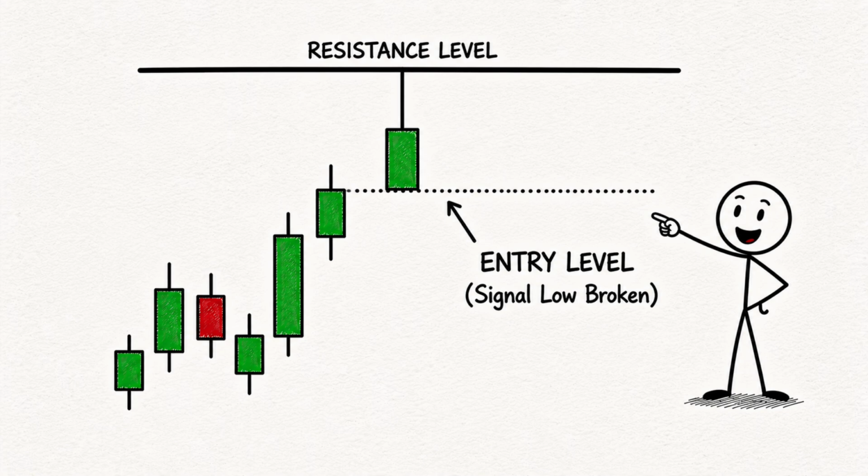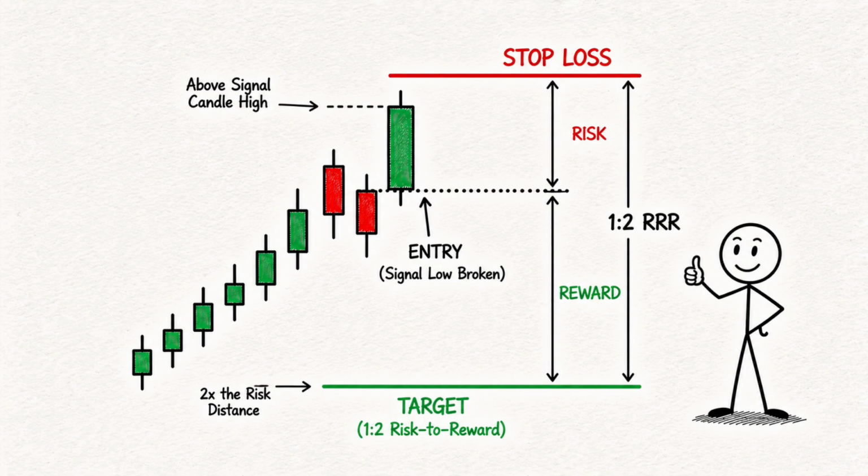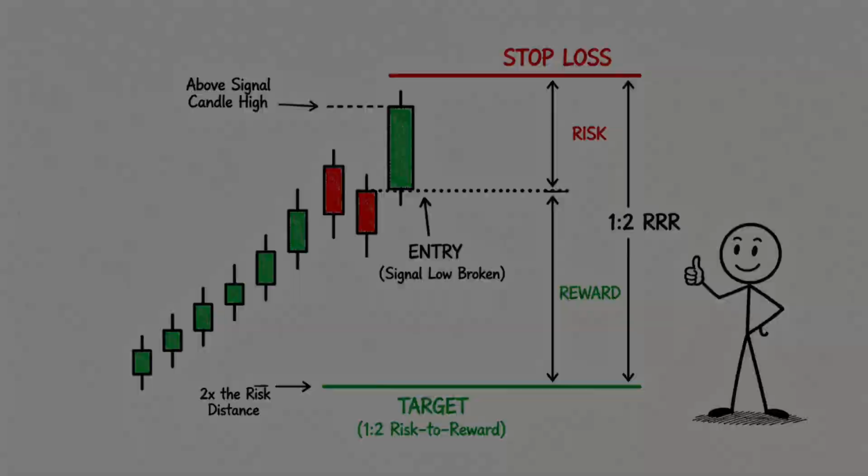If an inverted long wick or a momentum candle forms right at resistance, your entry should be the moment the next candle opens, or right when the low of your signal candle is broken. Your stop loss must safely sit just above the high of that signal candle, and your target should be set for a minimum 1 to 2 risk-to-reward ratio. This method is incredibly simple and highly effective because it follows raw price action.